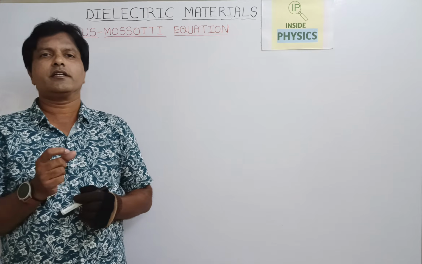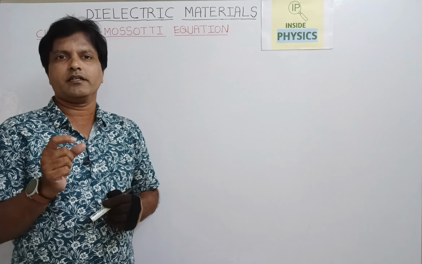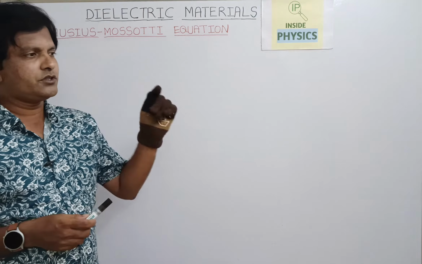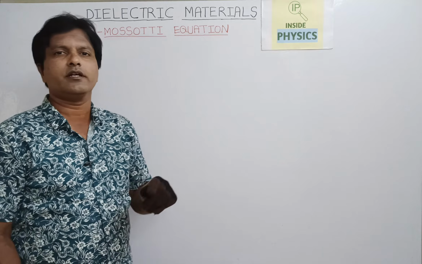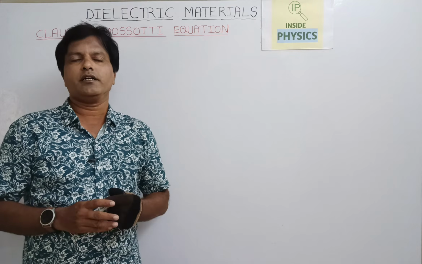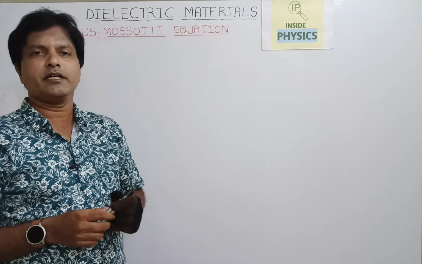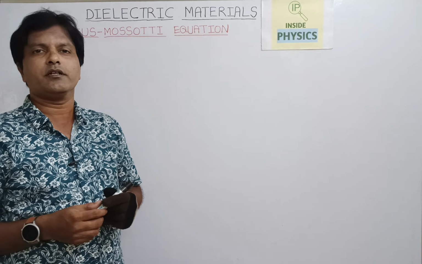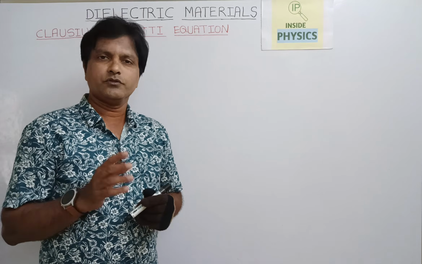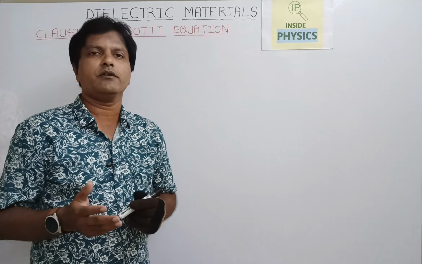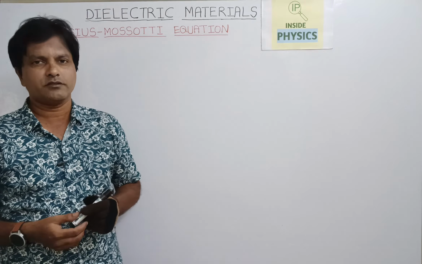First of all, take an elemental dielectric material sample which shows only electronic polarizability. We all know that electronic polarizability is the major contributor out of the other four polarizations which we discussed in our previous videos.